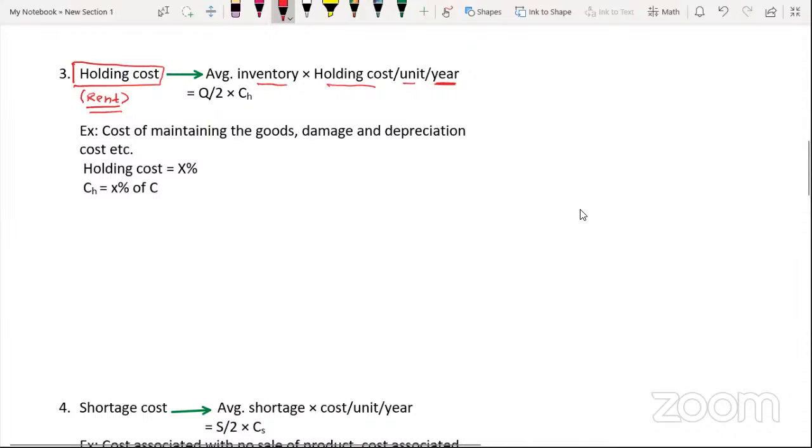So why average inventory? This Q, what was this Q? Q was quantity per order, and this Q is also known as inventory.